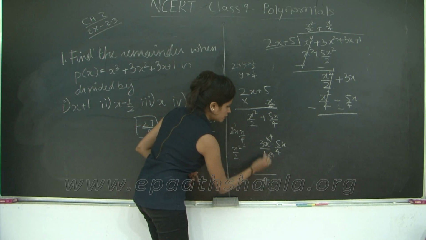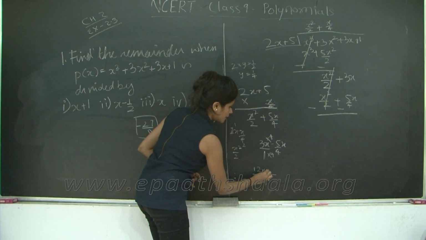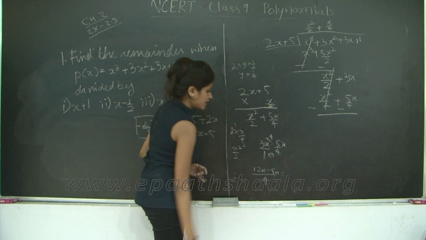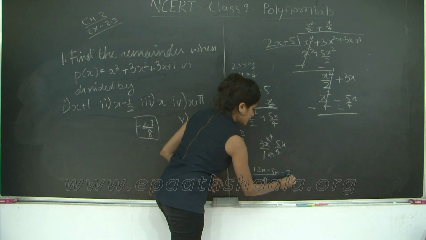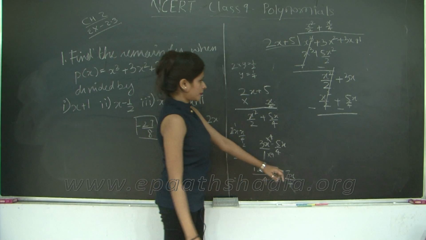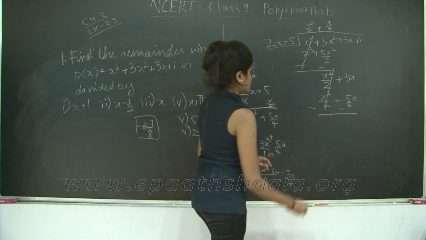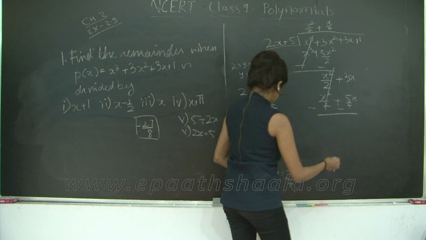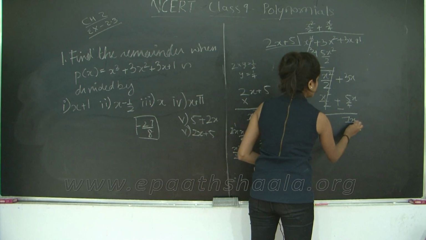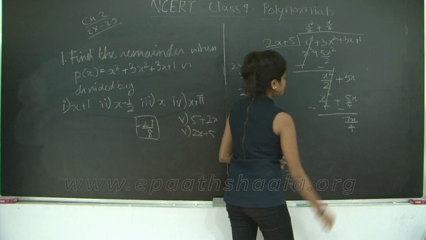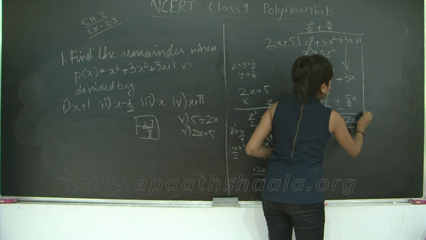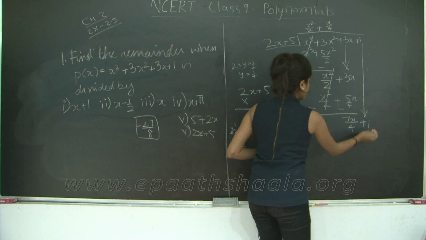So I get 3 fours are 12x minus 5x, which is 7x upon 4. So this is the sign of the greater number, 7x upon 4. I got down 3 over here, 3x here. I will get down 1 finally.